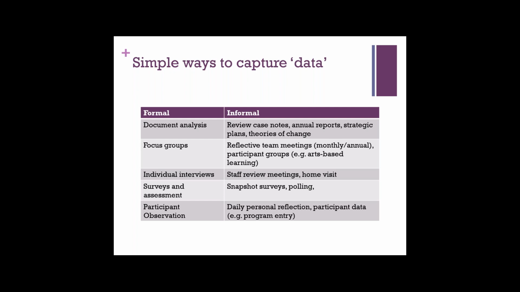How do we define success? In contrast to focus groups, maybe reflective team meetings might be an opportunity where we can have some of those conversations. Participant groups, things like that, where people are meeting naturally, where we can just take a few moments to engage in some reflective questions, which I've got on the next slide, which we'll talk about in a moment.